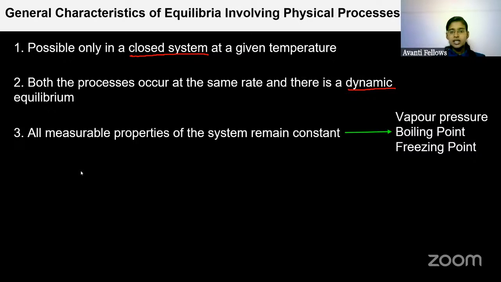Water boils at 100 degrees Celsius. So that 100 degrees Celsius is a constant. The measurable property, which is the boiling point, remains constant for that particular liquid-gas system. That is what they are trying to say in the third point. So these are the three characteristics of physical equilibrium.